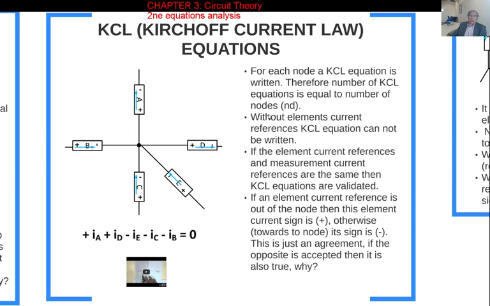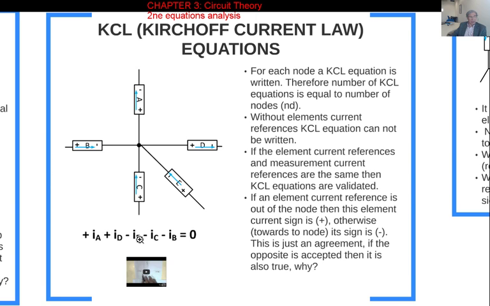So when they say algebraic sum, the Kirchhoff current law equation says that for each node, the summation of the currents of all the elements connected to a node is equal to 0, but it says algebraic summation. That means there is going to be a plus or minus sign in front of each current. How are we going to determine this plus or minus sign?